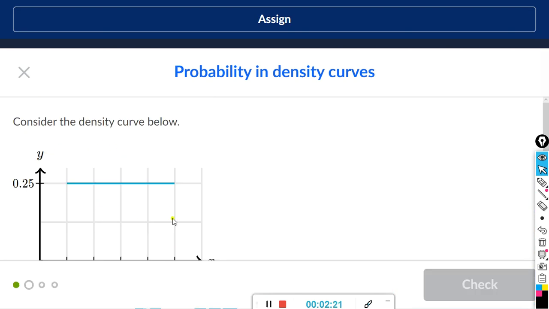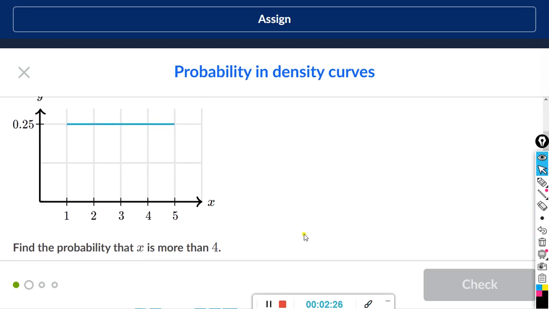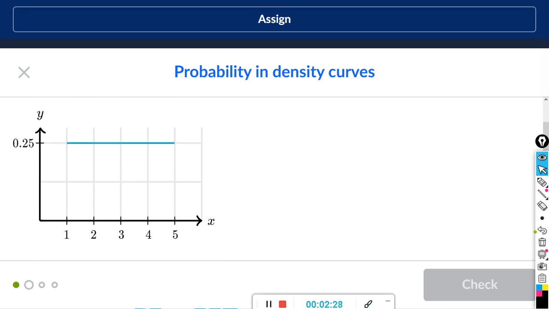All right, consider the density curve below. Find the probability that x is more than 4. All right, so you want to remember this curve goes all the way to the x-axis. So the area in this rectangle here is just 1.